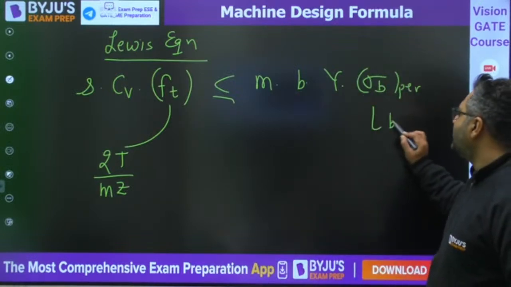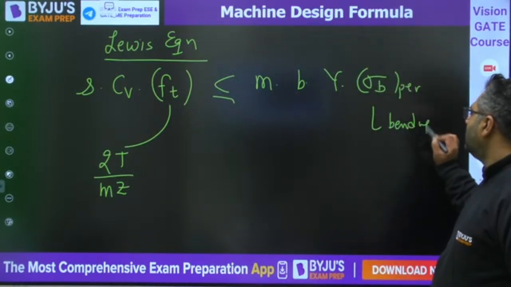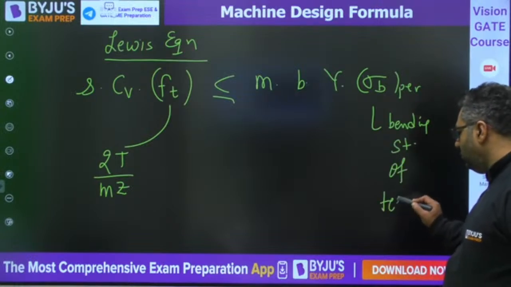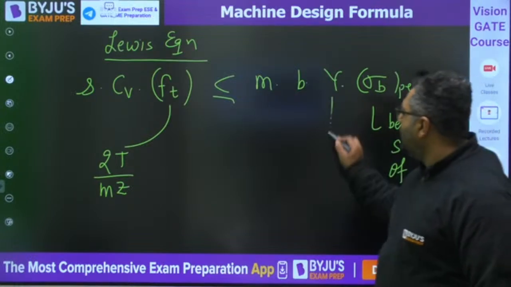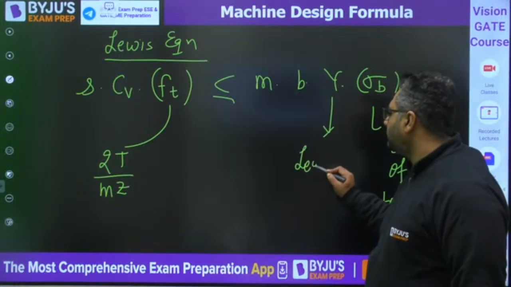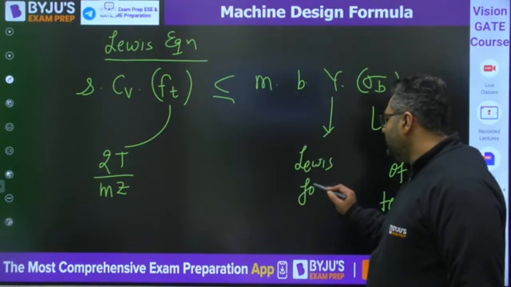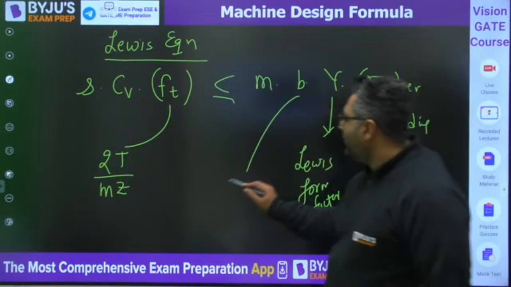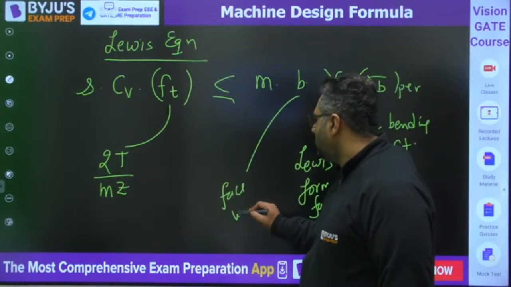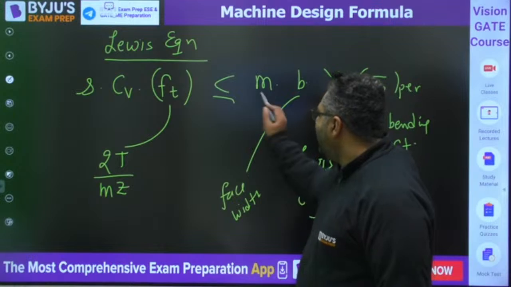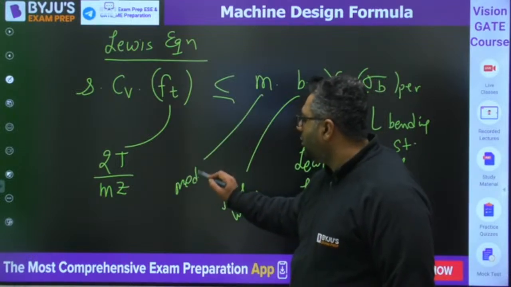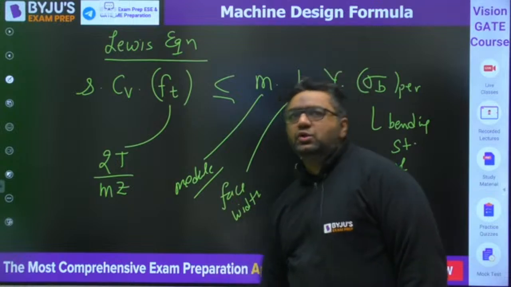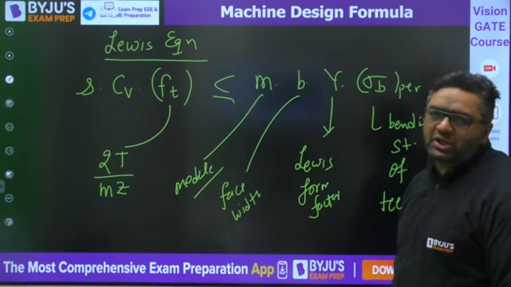This is the bending strength of teeth material. Y is the Lewis form factor or tooth geometry factor. B is the face width. M is the module. Is it clear for everyone, guys? So this is the formula for the Lewis equation, okay?